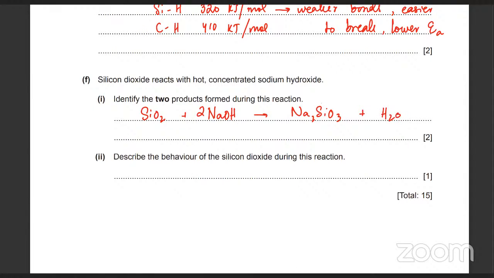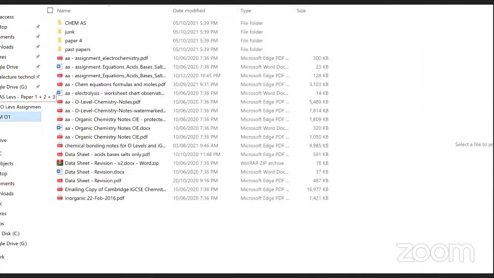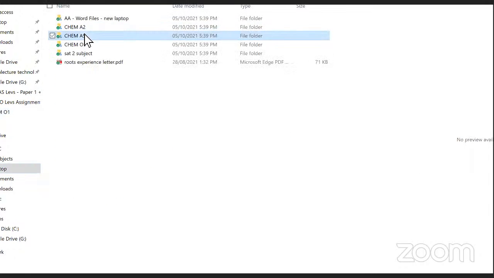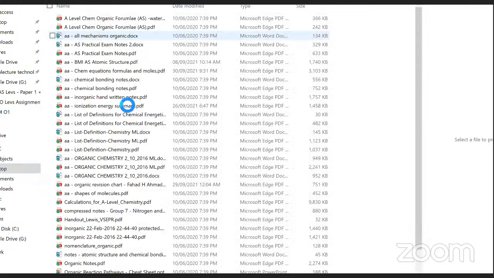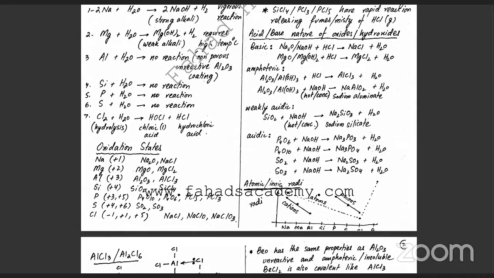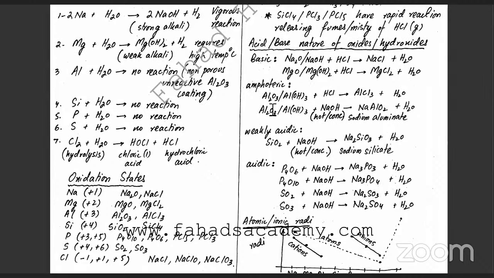So you must know which of your oxides are acidic and which ones are basic. I can open the inorganic notes. Sodium oxide, magnesium oxide, or hydroxides, they're basic. Aluminum oxide is amphoteric.